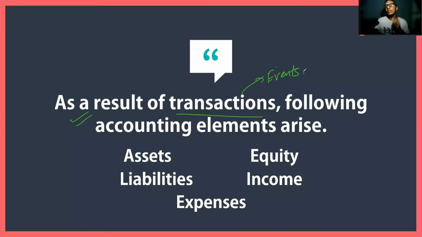So as a result of those transactions, the following accounting elements arise. It can be an asset, liability, expenses, equity, and income. According to this lesson, we are now going to talk about those 5 types of elements and some examples for each of them, right? So continue watching, do not skip, right?